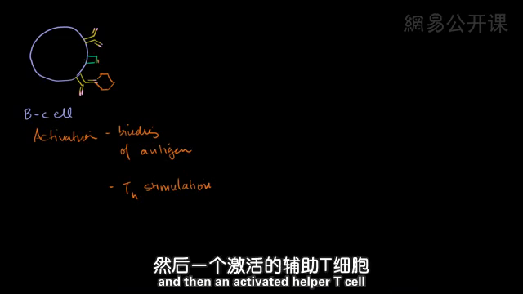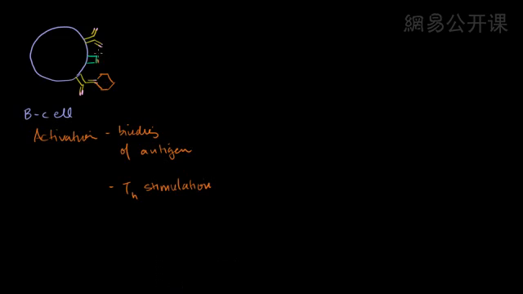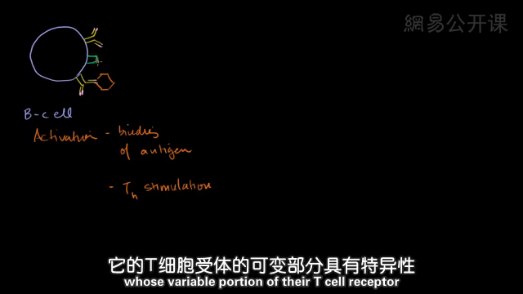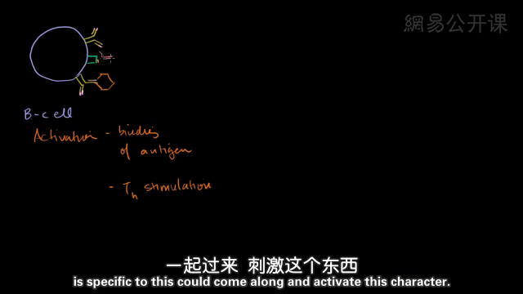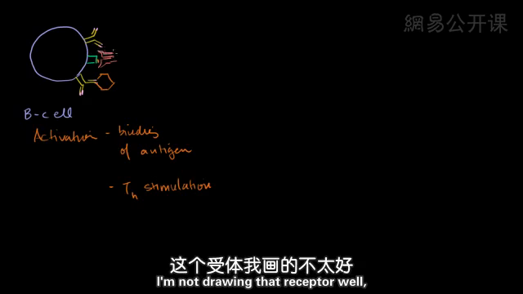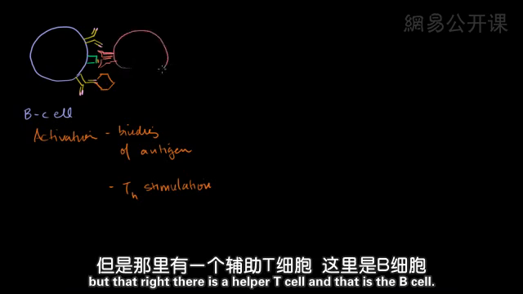And then an activated helper T cell whose variable portion of the T cell receptor is specific to this could come along and activate this character. I'm not drawing that receptor well, but that right there is a helper T cell, and that is the B cell.